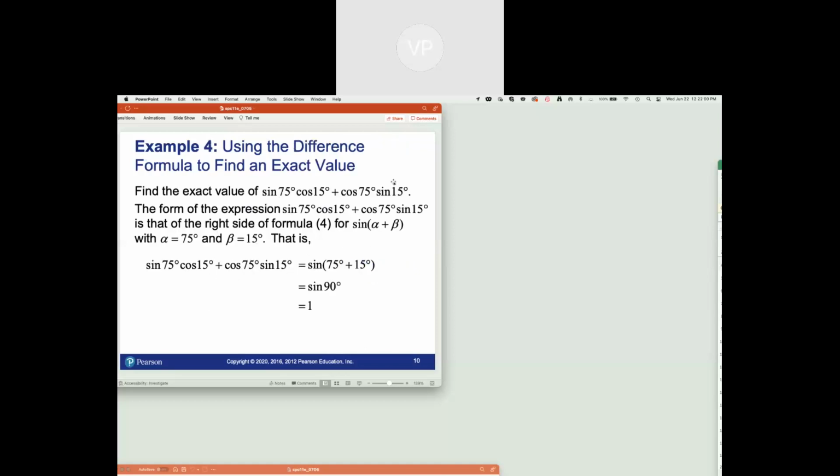Okay, so another one now, this is where you can kind of look very smart. If you're given a problem that looks like this, where it is sine, that right there, they're asking what's the exact value of that. If you can recognize the formula, you can work backwards on that formula. So remember these two formulas that we had a second ago.